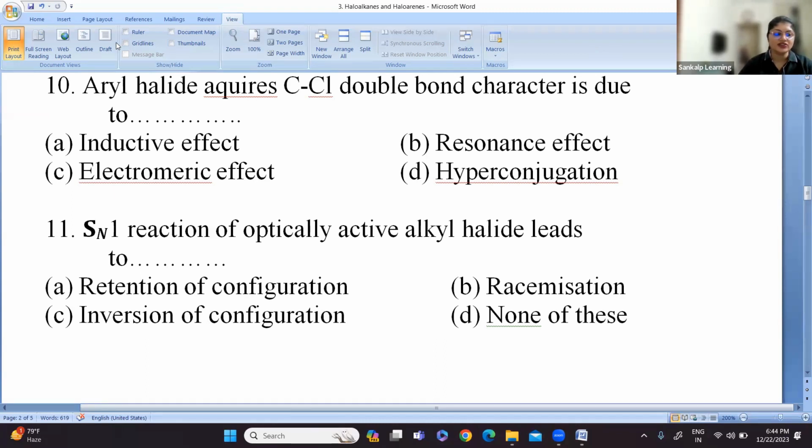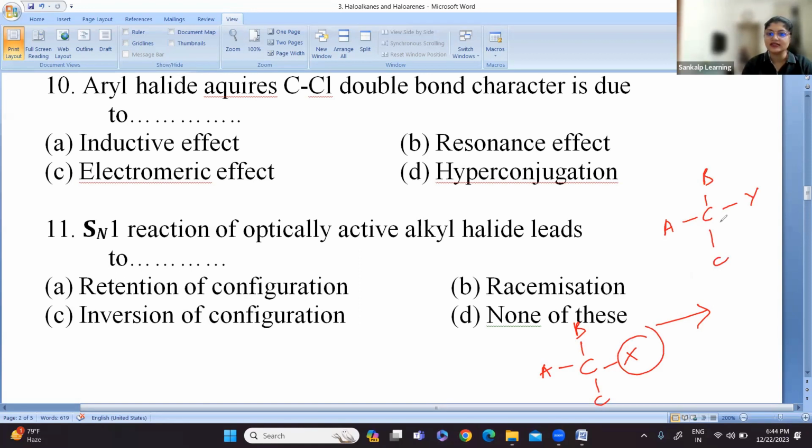What do you mean by retention? Retention means what? Now suppose if I give you like this, A, B, C, and X. When it undergoes a reaction, still the configuration will remain the same.